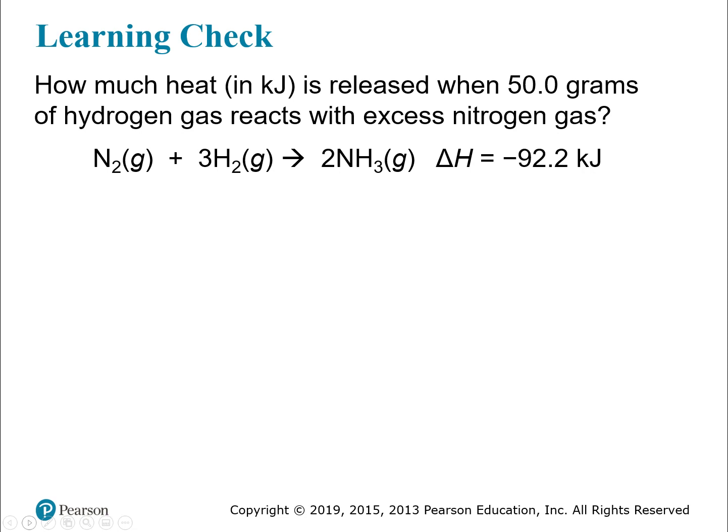Then try this one. You've got 50 grams of hydrogen gas reacting with excess nitrogen gas. How much heat is released? I'll give you a few minutes and then check back in. Here we go. We're starting with 2 grams of hydrogen gas.